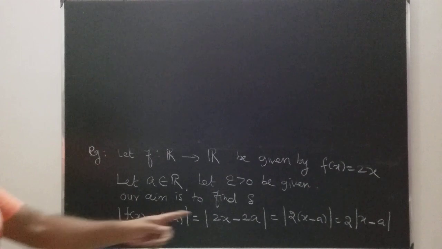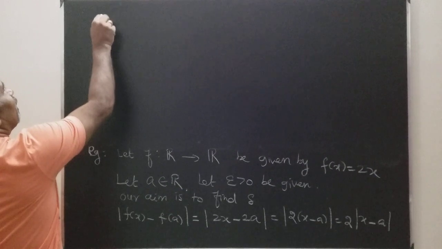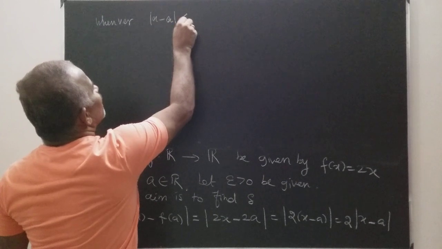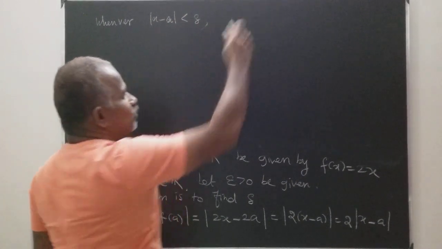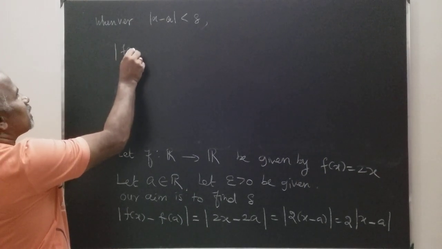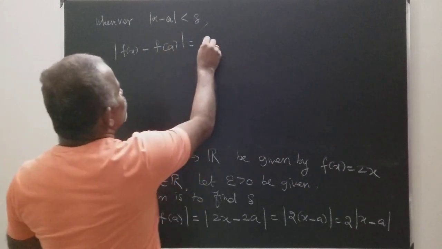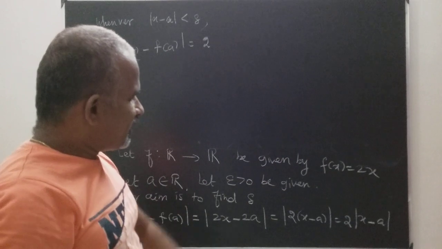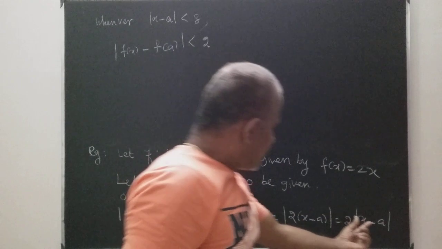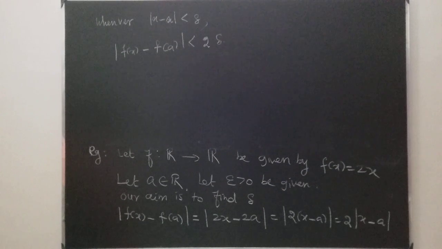Now, whenever modulus of x minus a is less than delta, equation 1 is satisfied. So modulus of f of x minus f of a is equal to 2 times modulus of x minus a, which is less than 2 times delta.